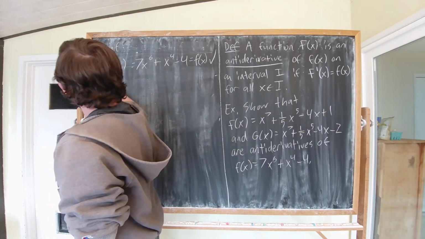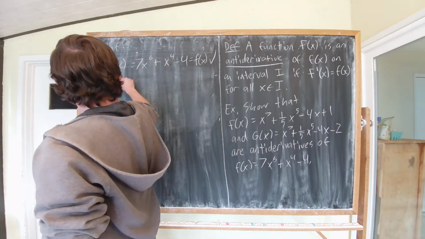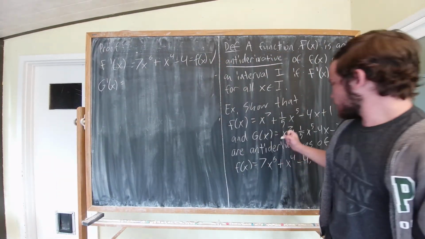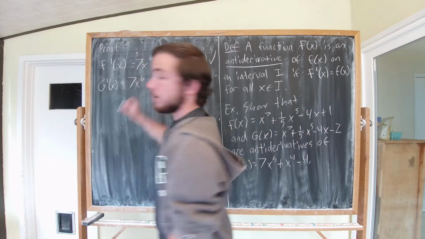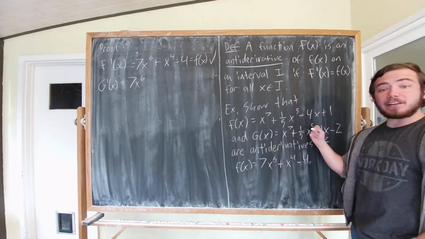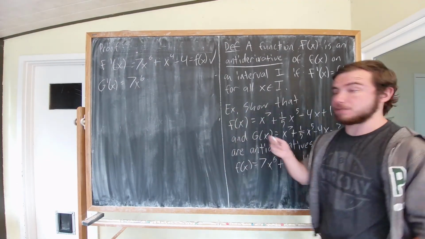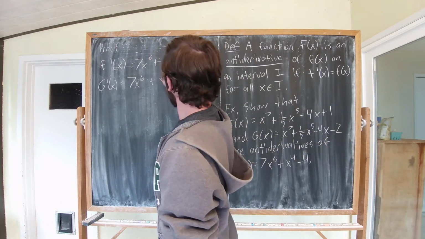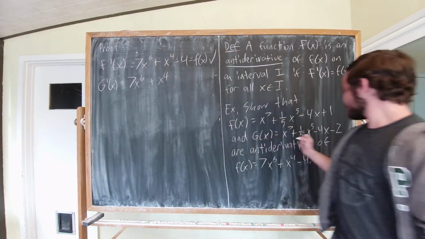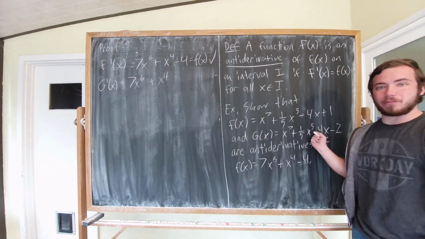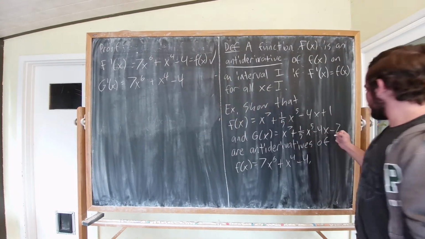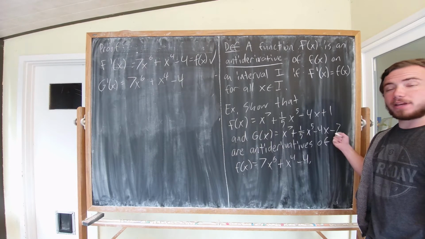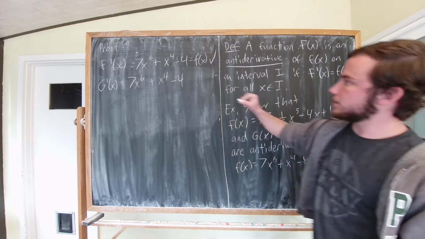How about capital G prime? Well, 7x to the 6th plus 5 times 1/5 is 1, x to the 4th. Minus 4x, the derivative of that is minus 4. And then the derivative of minus 2 is 0 again.